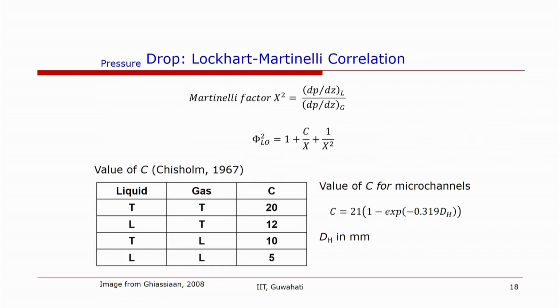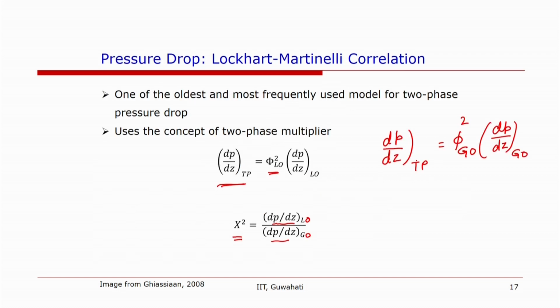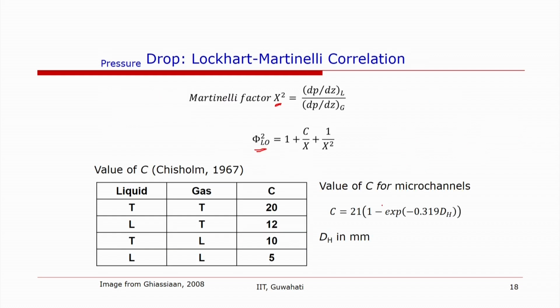So, once we have obtained the Martinelli parameter, then from the Martinelli parameter one can calculate the two-phase multiplier, and remember this two-phase multiplier is required to obtain the pressure drop in two-phase. So, this is 1 plus C over X plus 1 over X squared. Now, X is the Martinelli parameter.